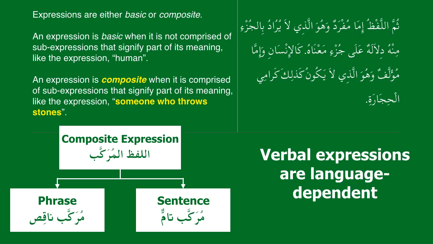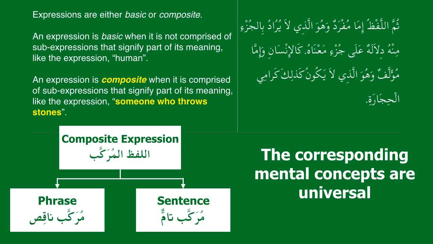So I'm describing them in the English language. The author of our text describes them in the Arabic language. If somebody was teaching logic in Chinese, they would describe it in the Chinese language. But the corresponding mental concepts are universal. Different languages signify the same mental concepts. Human beings have one universal mental language, and that is the real language of logic.